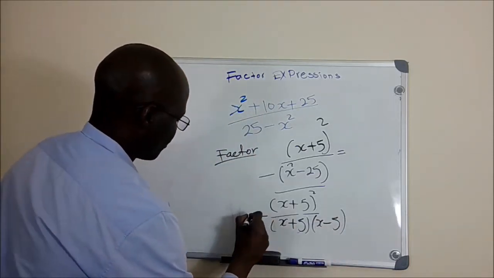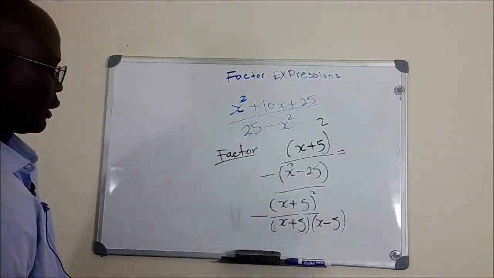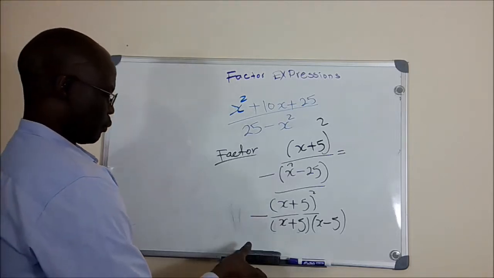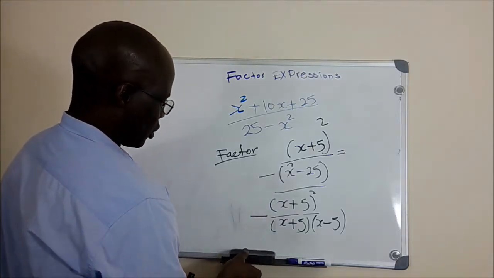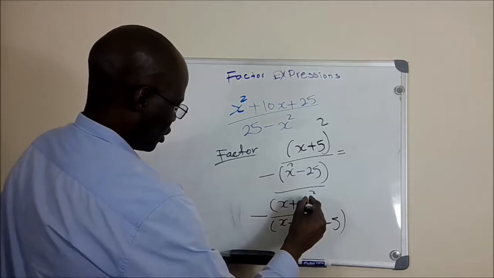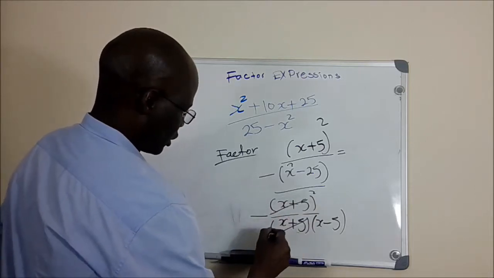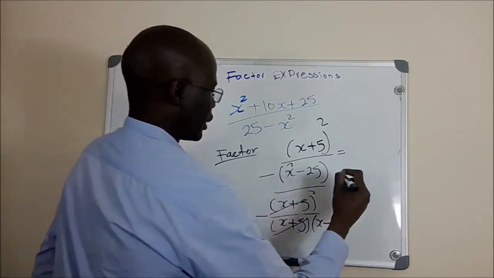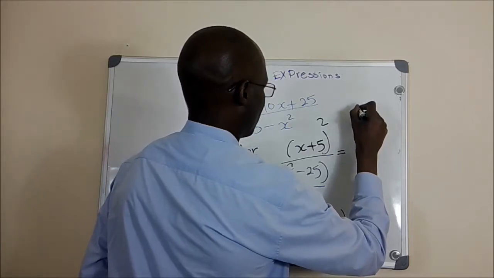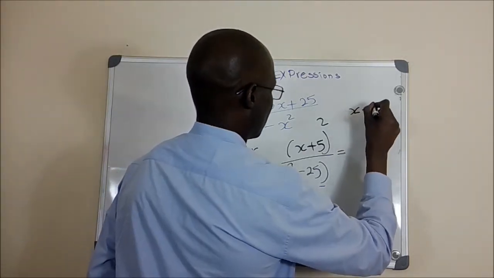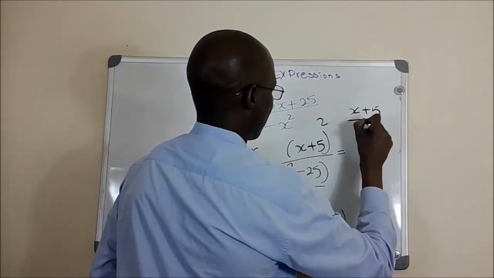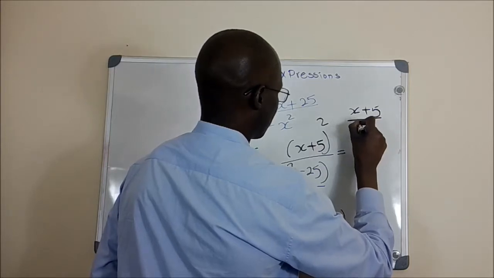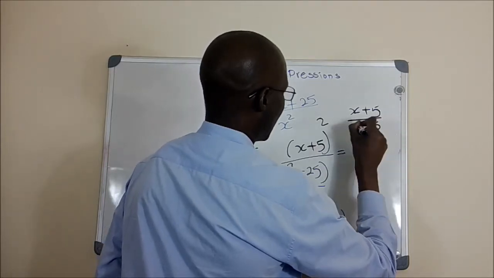And you still have a minus on the other side. So to put it back, this one is good with this one. And you're going to leave with x plus 5 divided to x minus 5.